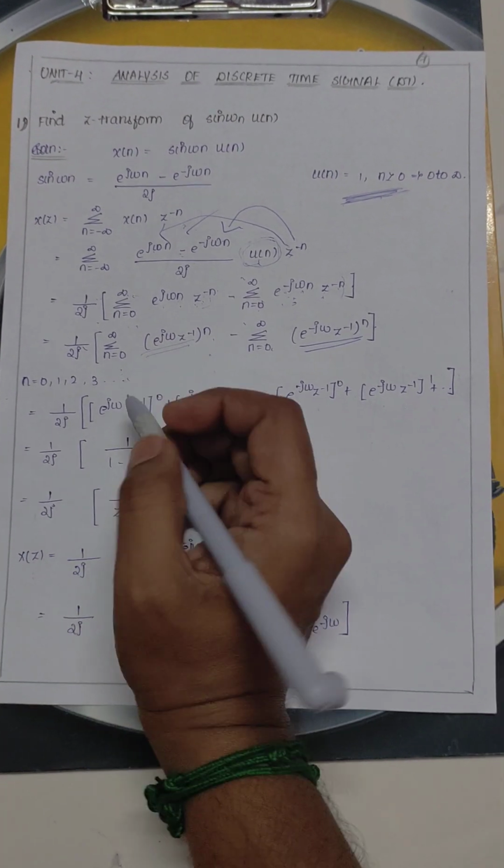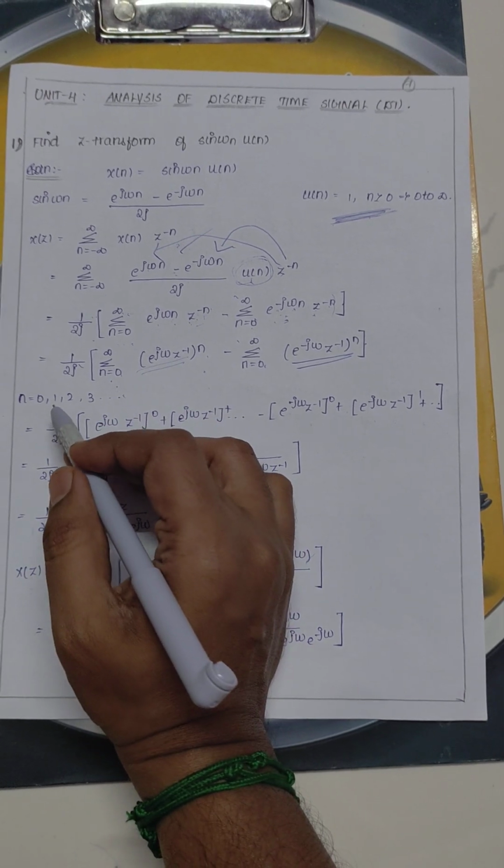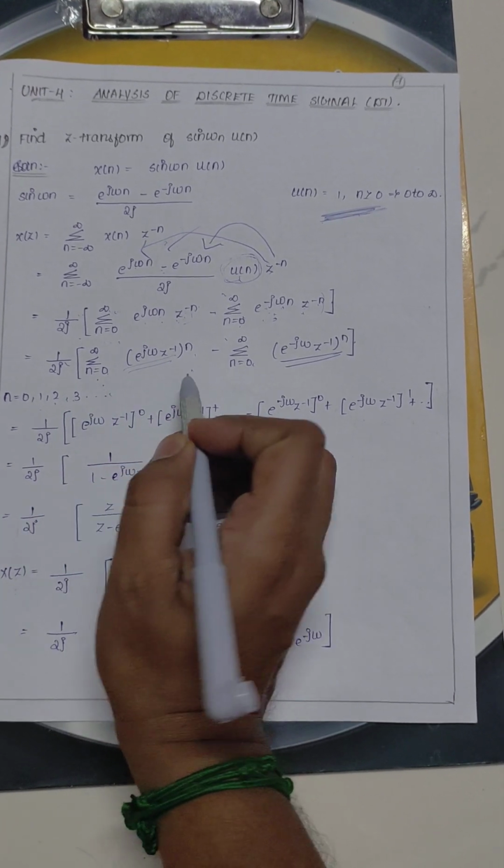Next, what is the meaning of this 0 to infinity? It is going to be expanded from 0 to infinity, so put n equal to 0, 1, 2, 3 and so on.